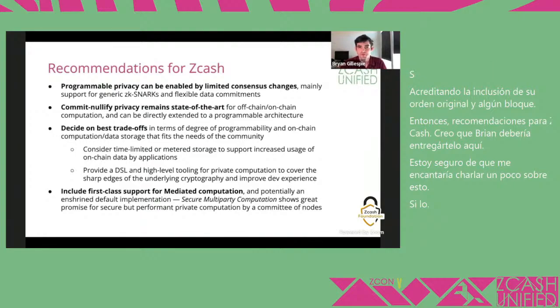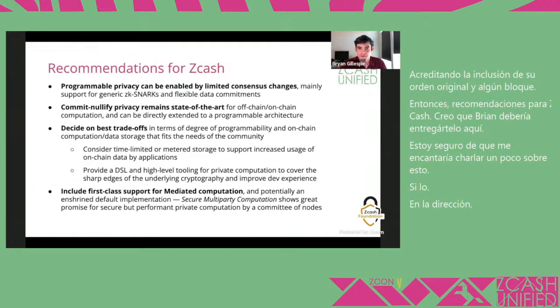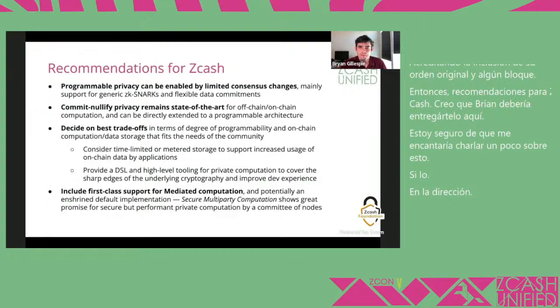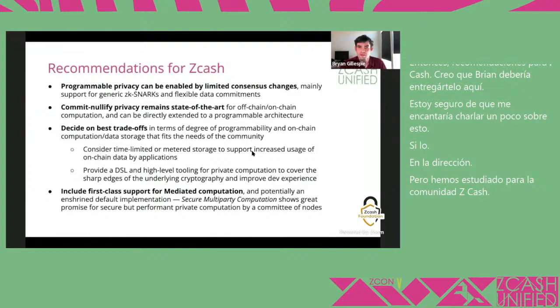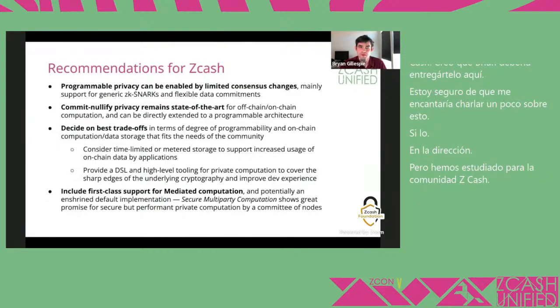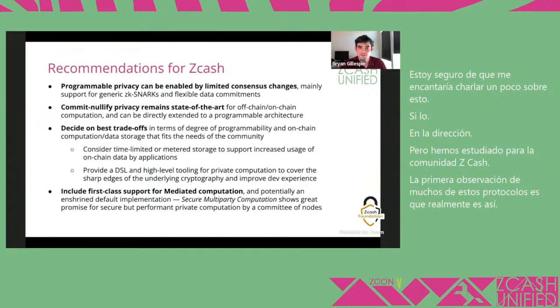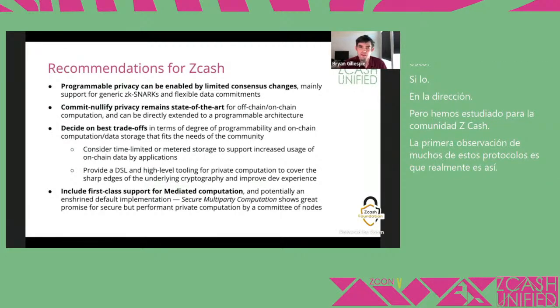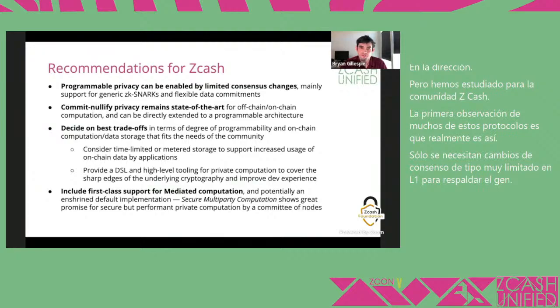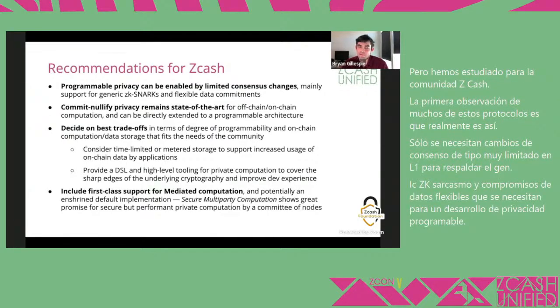Yeah, so in the direction of recommendations based on what we've studied for the Zcash community, the first observation from a lot of these protocols is that really only very limited kind of L1 consensus changes are needed to support generic ZK snarks and flexible data commitments that are needed for a programmable privacy development environment.